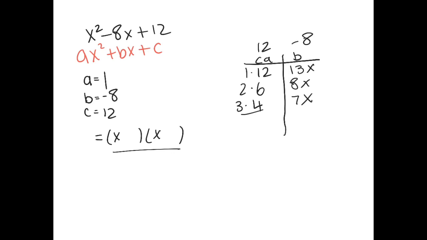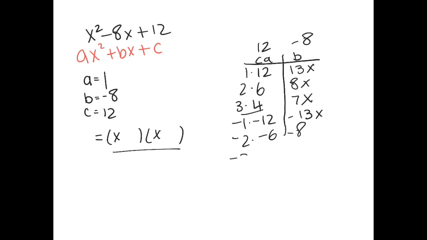That's wrong. Now remember, two negatives multiplied by each other equals a positive. So now we go into the negatives. We've got -1 times -12. That's -13. Still wrong. We've got -2 times -6. That equals -8.